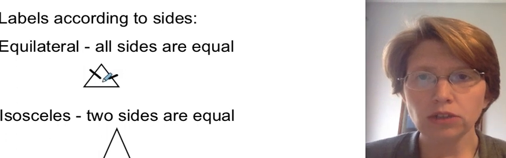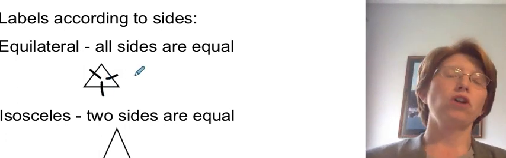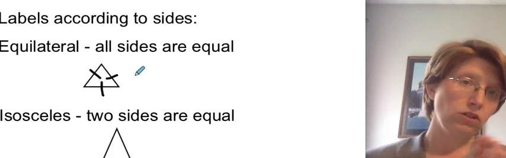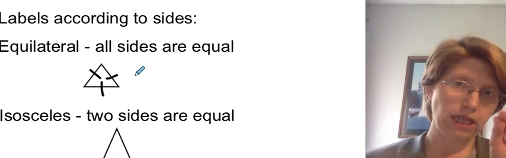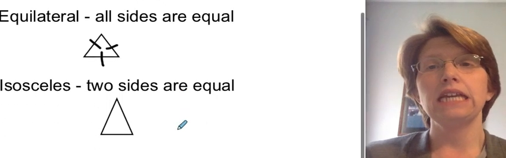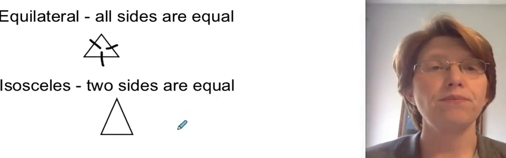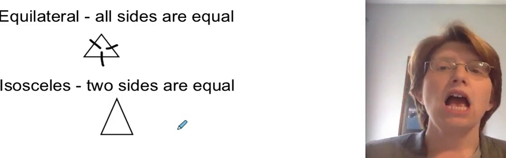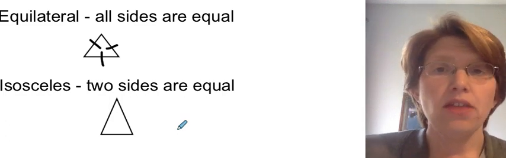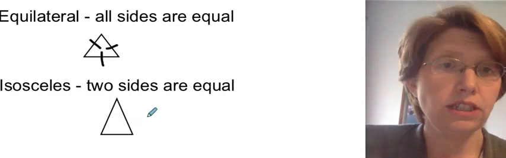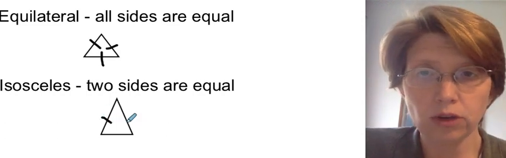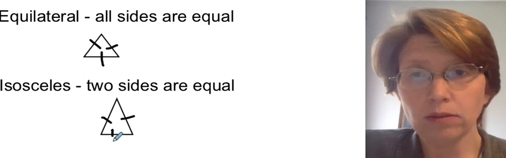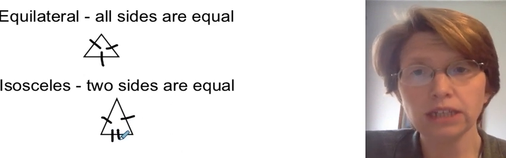If all the slash marks are the same, that means they're all equal. So if I see one little slash mark on each side, they're all the same length. Now, next is isosceles. Isosceles. Say it with me. Isosceles. That's the kind where two sides are equal. So I would see a slash mark here, a slash mark here because those are the same. And then I would see two little slash marks here because that side is different.